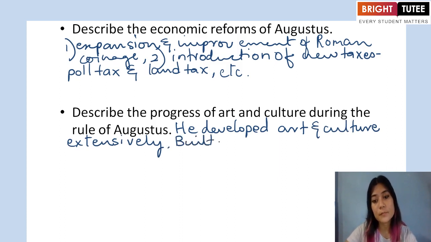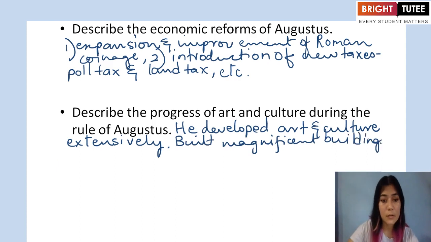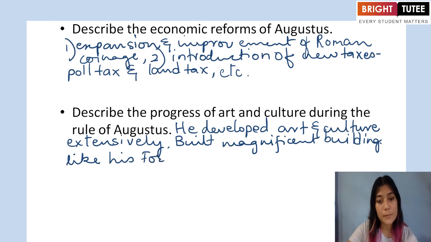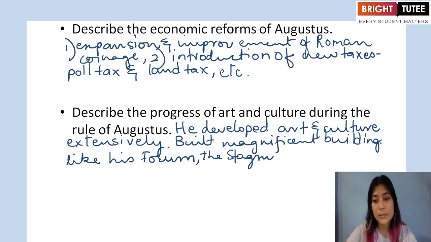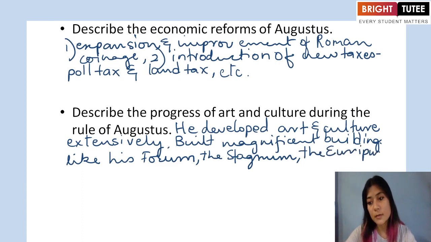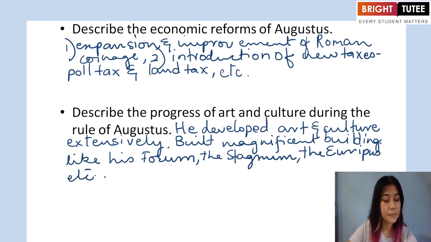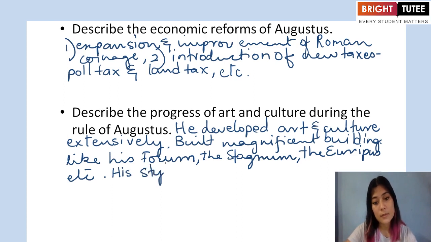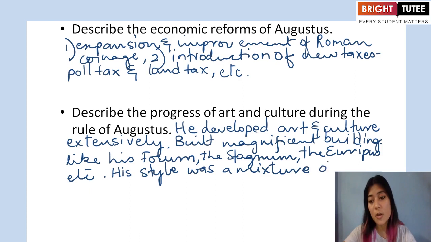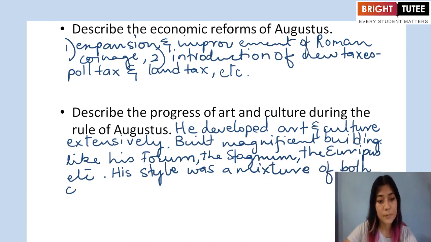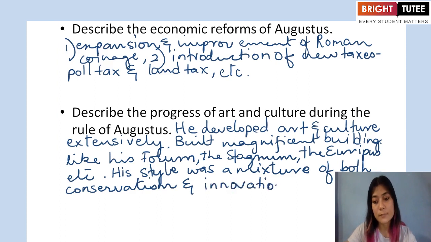He built magnificent buildings like his Forum, the Stagnum, the Euripus, etc. The style of architecture was a mixture of both conservatism and innovation. Alright?